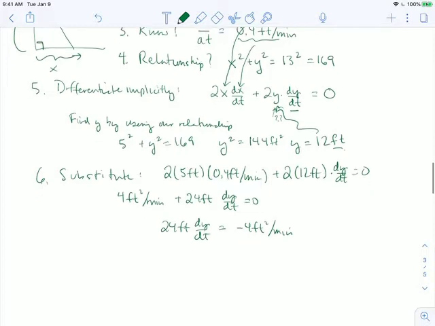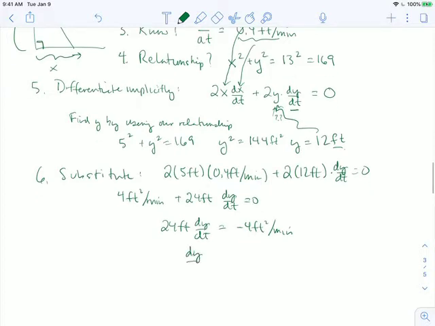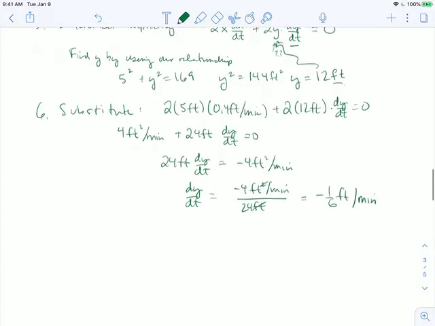Then I divide by 24 feet. Our foot in the denominator cancels, and I get negative 1/6 foot per minute.